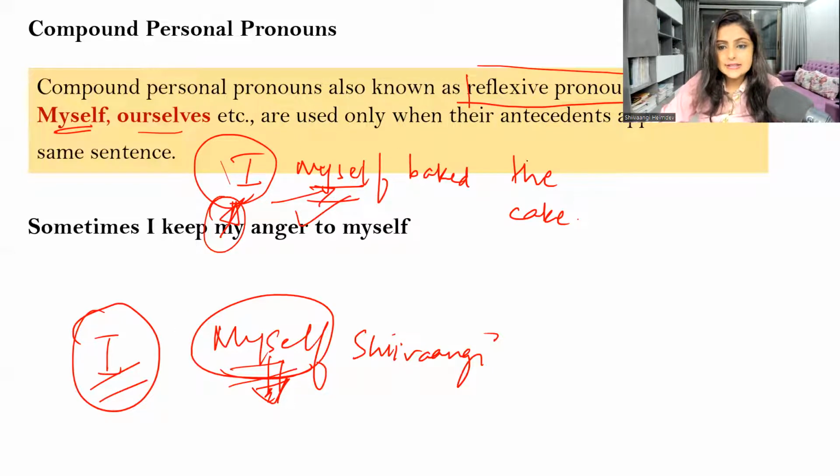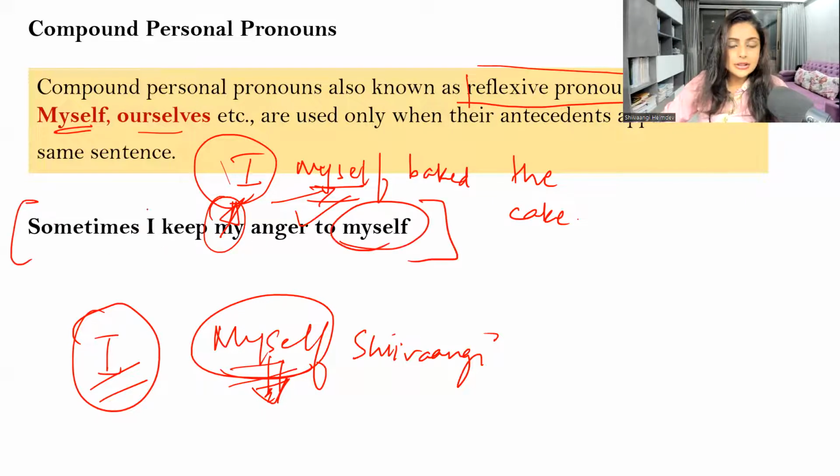So I can make use of myself when I is present in the sentence. Just like here, I myself baked the cake. Just like in this example, sometimes I keep my anger to myself. So myself is absolutely correct here. Why is it correct? Because I have an antecedent, I have a base. Antecedent means something that comes before the pronoun.